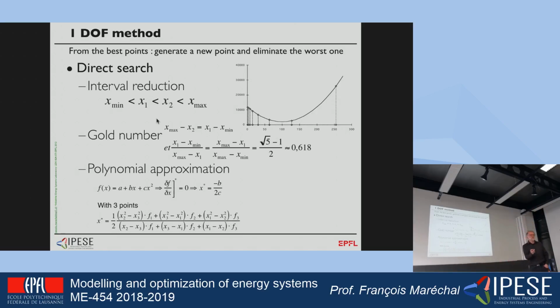And as soon as I see that the objective function is going to increase again, then I know that the optimum is in between the 2 points that I have made. Okay? And then I'm going to try to frame the position of the minimum.